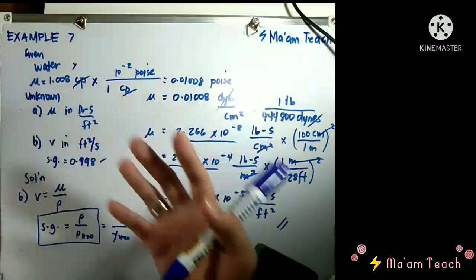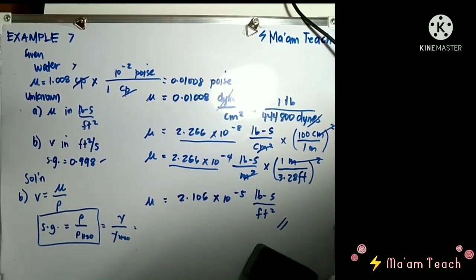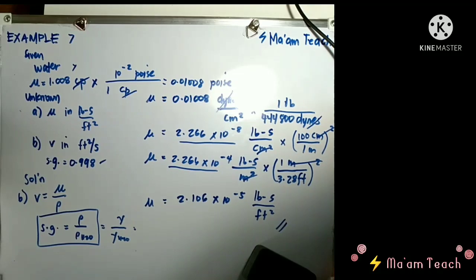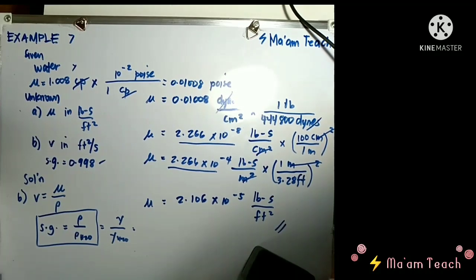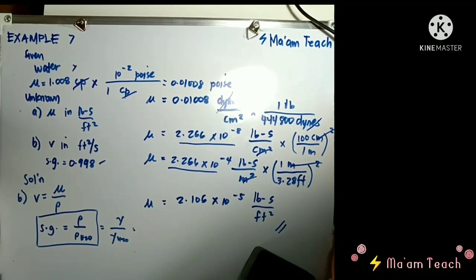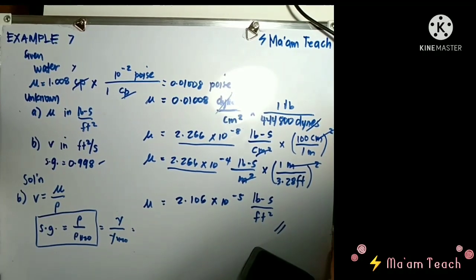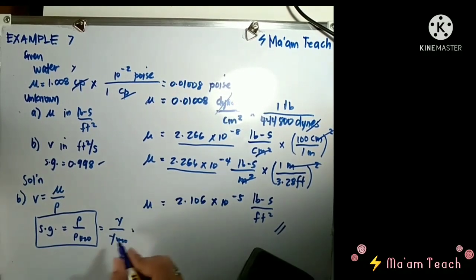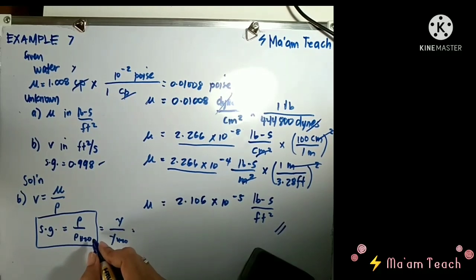Since they are just the same substance, which is water, but like I've said, our reference, which is this one, how much is it again? If we check your lecture, that is 1.94, but here at 4 degrees Celsius.